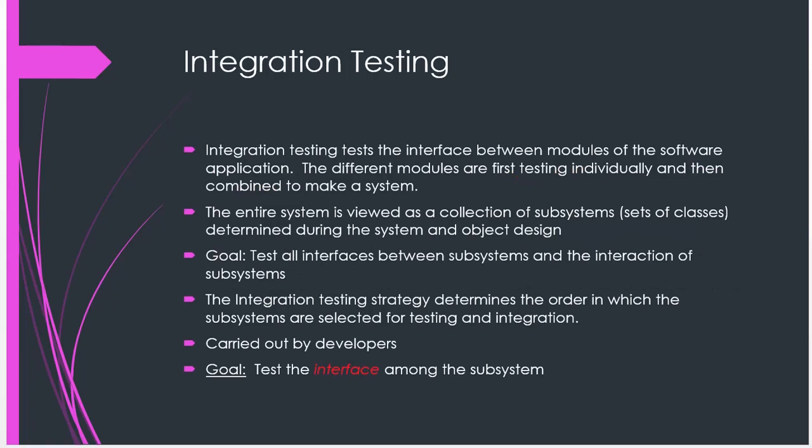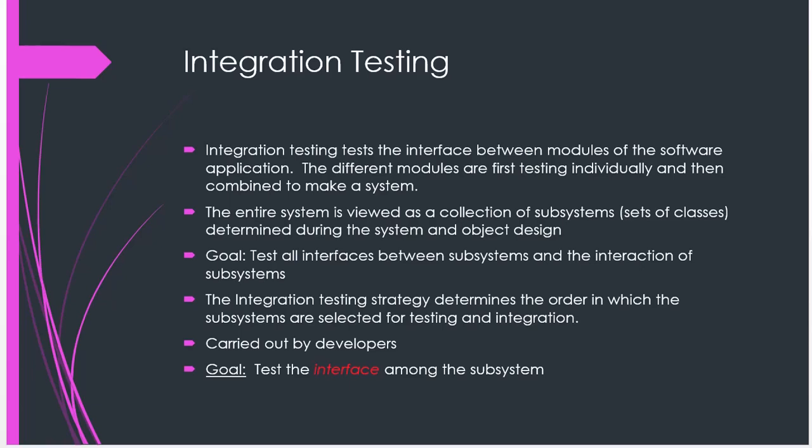Then you have integration tests. So unit tests look at individual modules, but integration tests now look at how do you get two modules or two subsystems to communicate and work together.